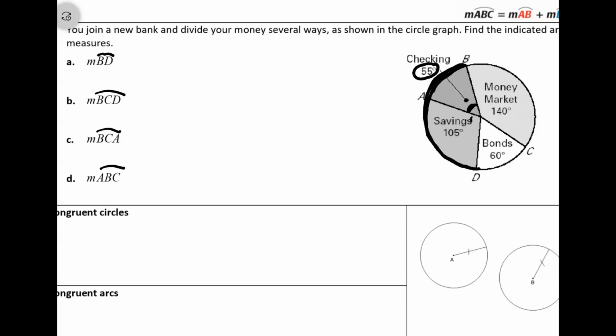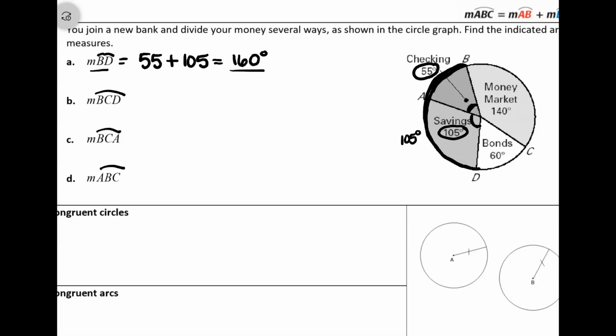Since this angle is 105 degrees, this arc is 105 degrees. So we simply employ the arc addition postulate where we say 55 degrees plus 105 degrees equals 160 degrees. Keep in mind, this is a minor arc.